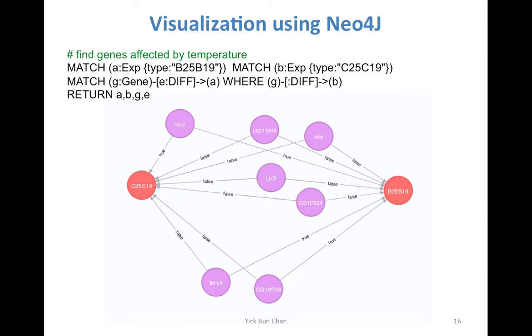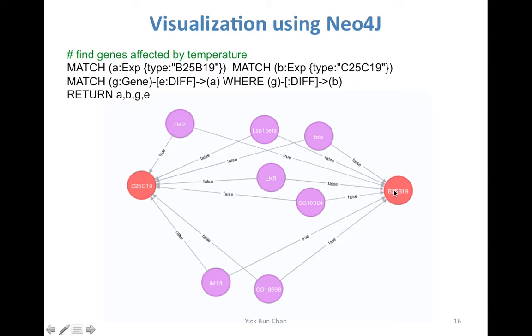To find genes that are affected by temperature, I identify 7 genes using 2 experimental datasets, C25, Cantonese 25 versus Cantonese raised at 19 degrees Celsius, and bully raised at 25 versus bully raised at 19 degrees Celsius.